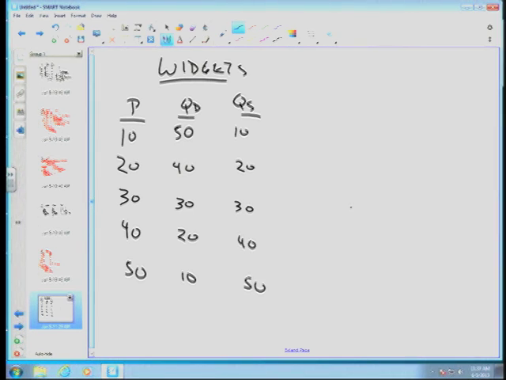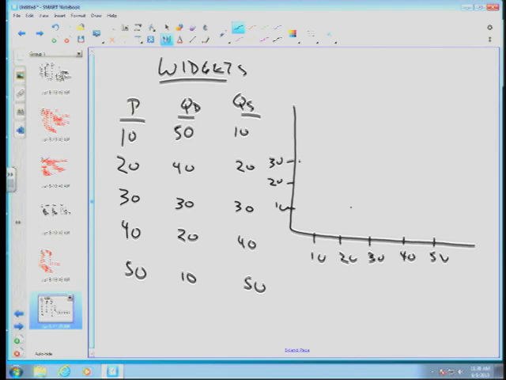All right? Now we can plot these two on a graph. We've got 10, 20, 30, 40, 50. And prices are the same, 10. Okay, let's do demand first.